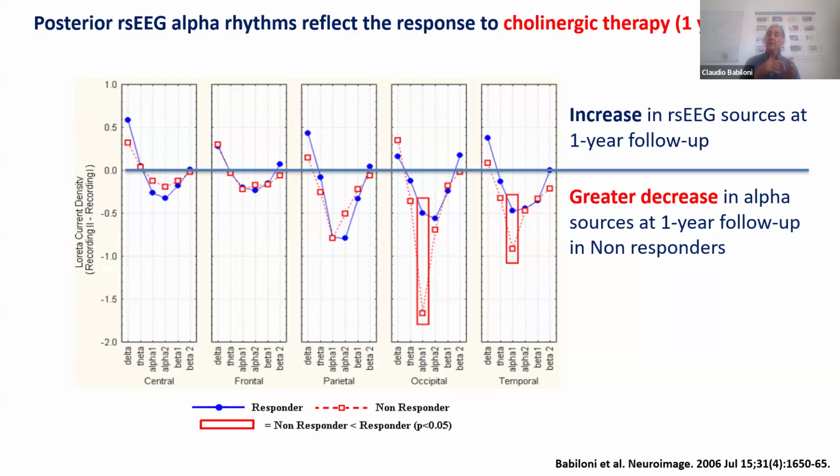Then we gave the treatment, the cholinergic therapy, acetylcholinesterase inhibitors, donepezil, for 1 year. And then we recorded again the resting state EEG in eyes closed. And we measured before the treatment and after 1 year of the treatment the cognitive level with the mini-mental state evaluation test.